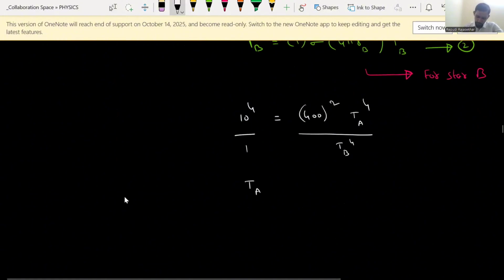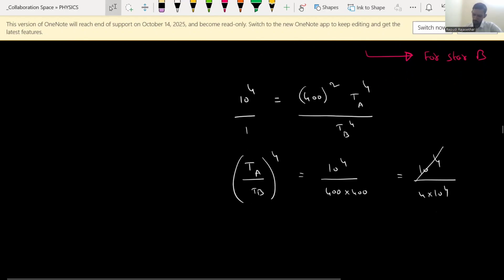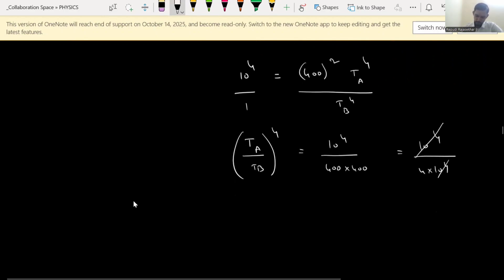TA divided by TB whole power 4 equals 10 power 4 divided by 400 into 400. As it is a square, you can write it directly. So 10 power 4 divided by 4 into 10 to the power 4. Both get cancelled. So TA divided by TB whole power 4 is 1 divided by 4.